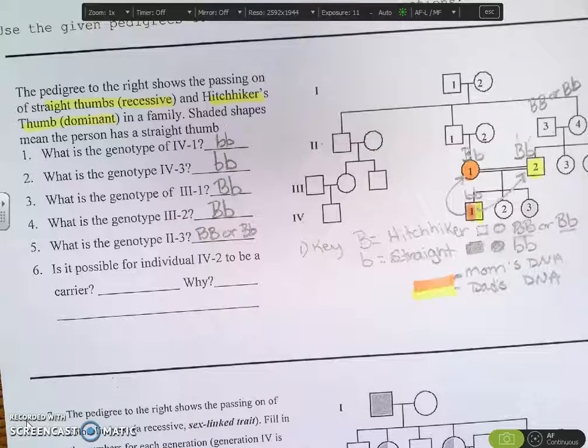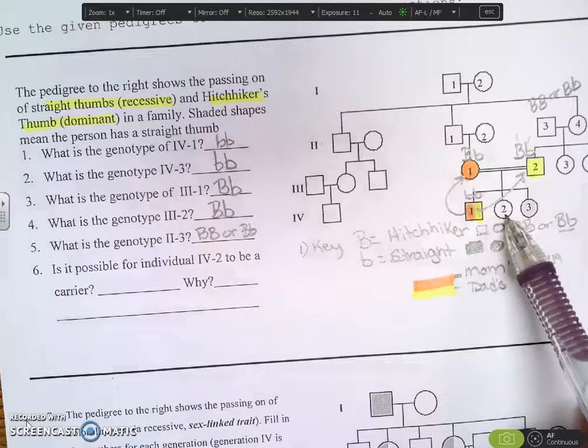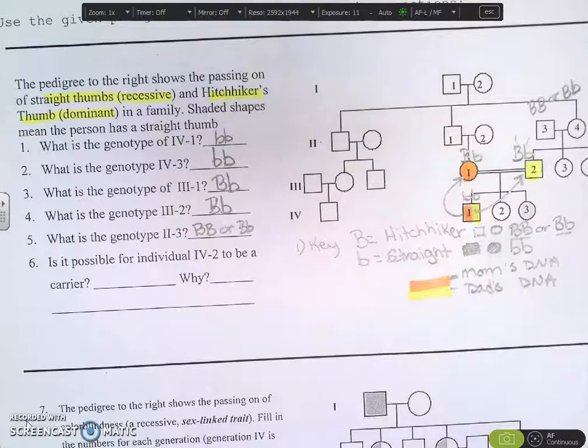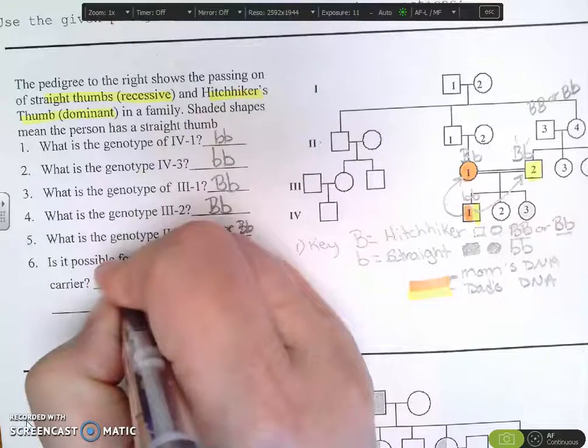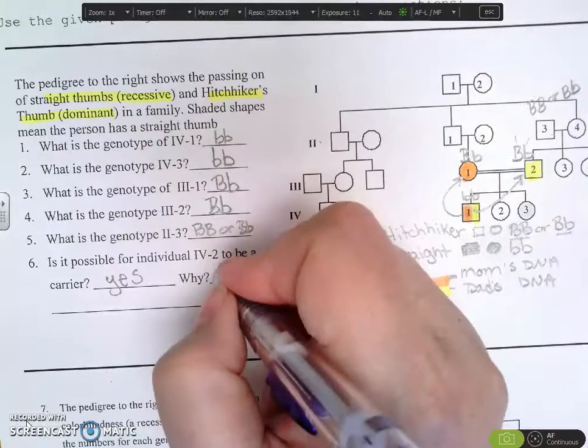Is it possible for Generation 4, Subject 2 to be a carrier? Oh, yeah. Yes. And the reason why, I want you to write this down exactly how I did it.